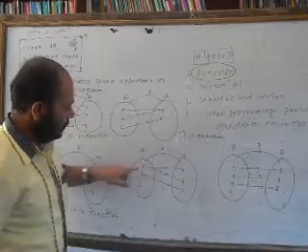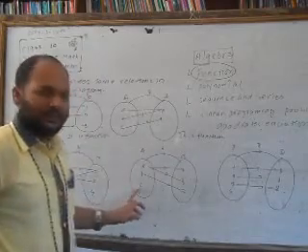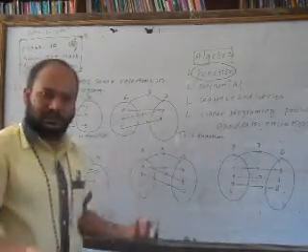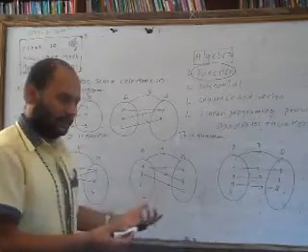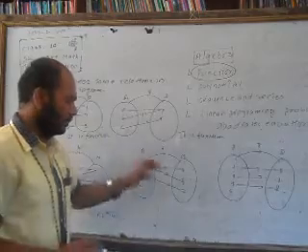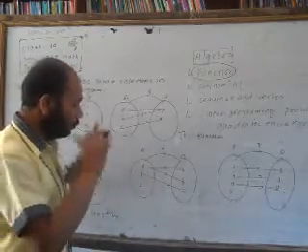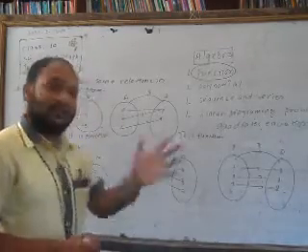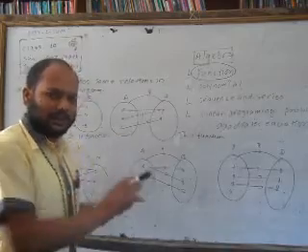Now in this last mapping diagram, is each element of the first set mapped with a unique element of the second set? No. Here one element is left, not every element is mapped with the second set. So it does not follow the criteria, so it is not a function. If one element is left in the first set, then it is not a function, it is a relation. These are all relations, but not functions, because not every element of the first set maps with a unique element of the second set.